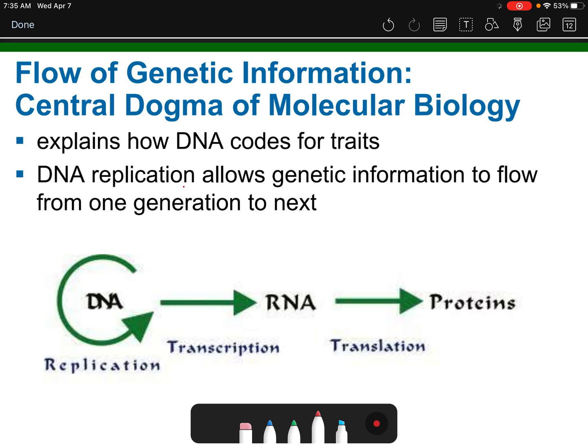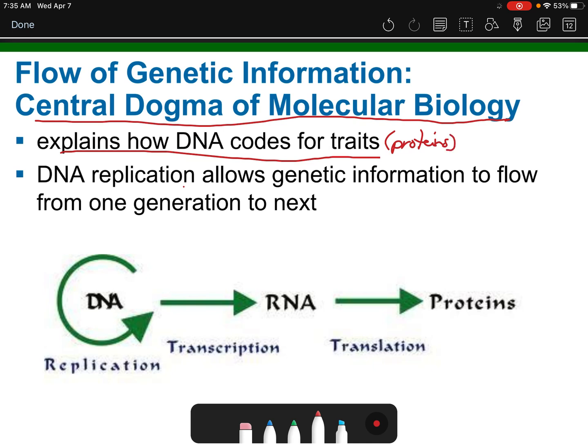Now again, when we talk about the central dogma of molecular biology, it's explaining how your DNA codes for traits or for your proteins. It's the directional flow of genetic information.